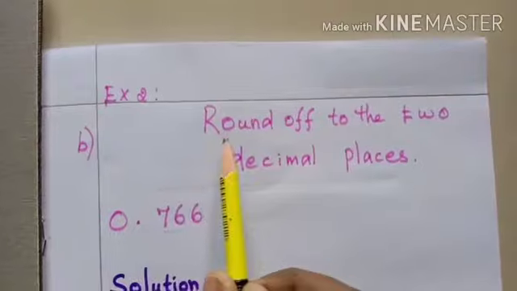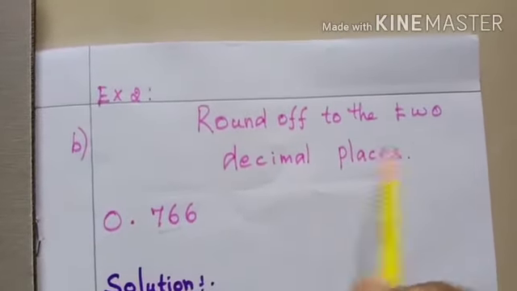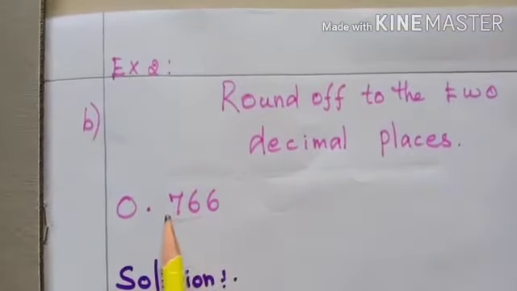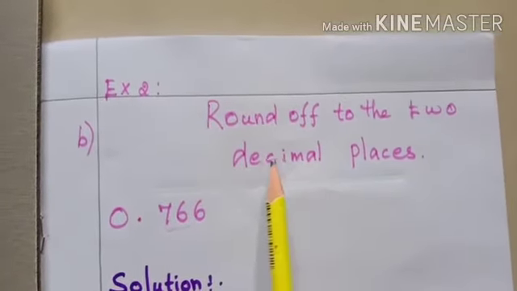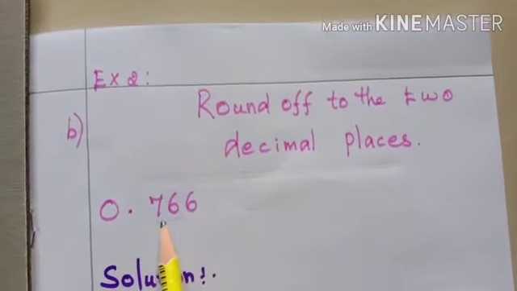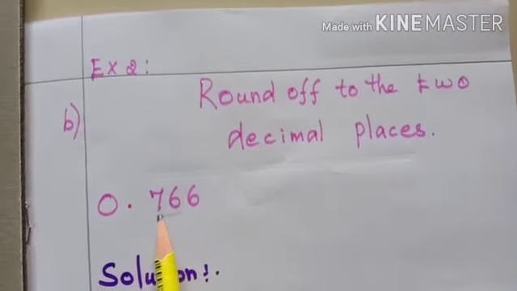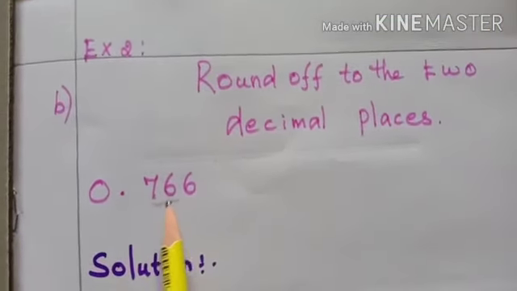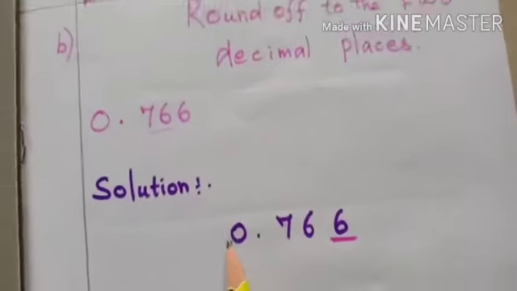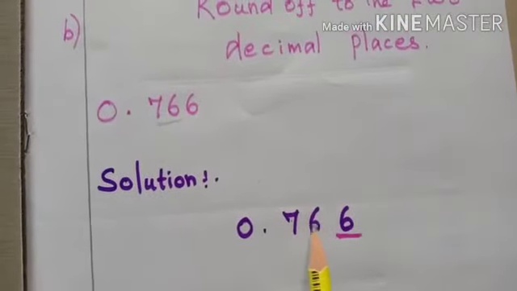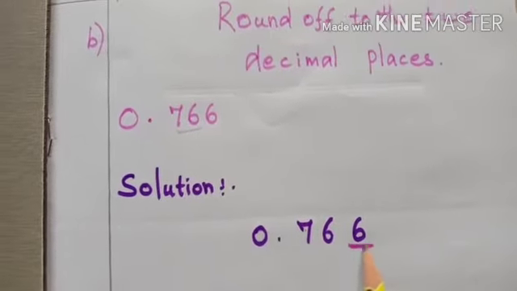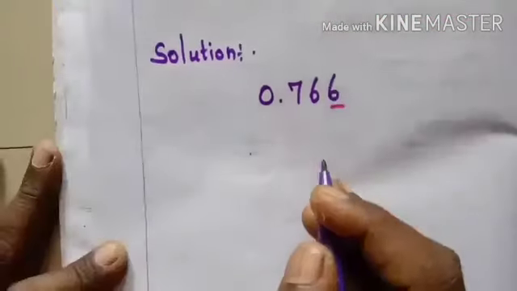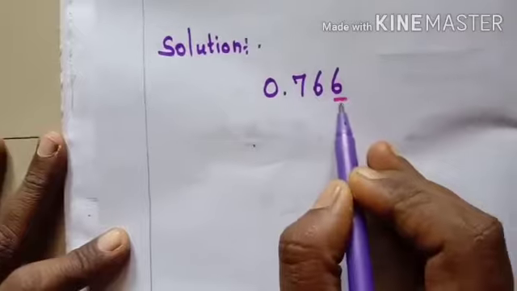Next example, round off to 2 decimal places. The sum is 0.766. Here we have to find the round off to 2 decimal places. We look at the 1000th place. Here the number is 6.